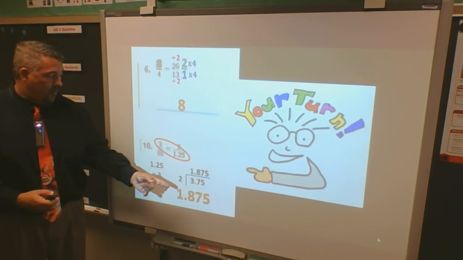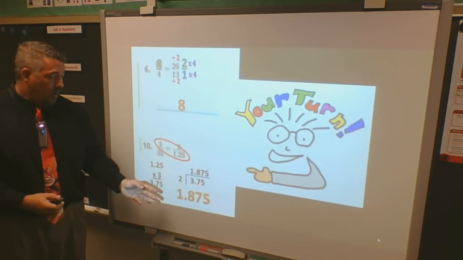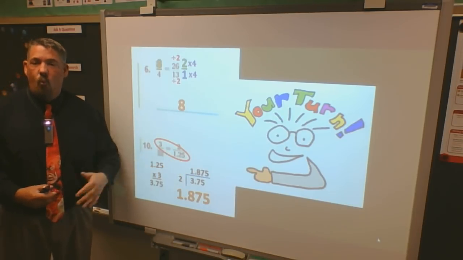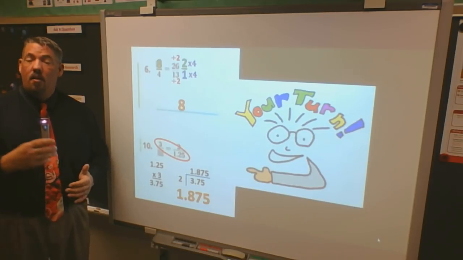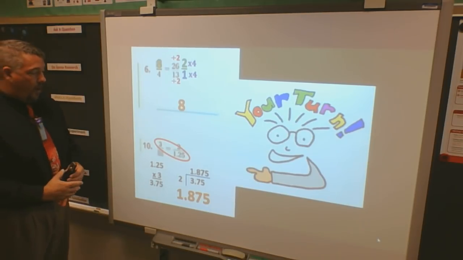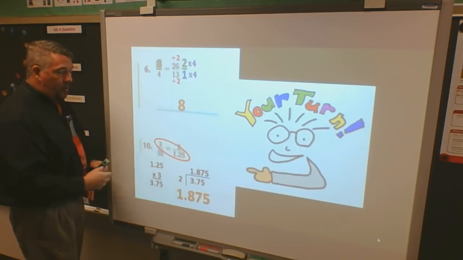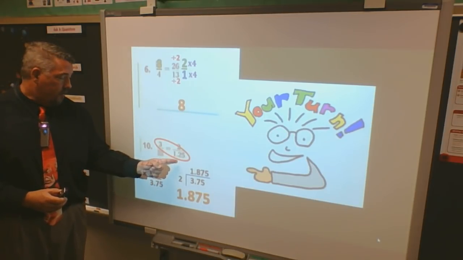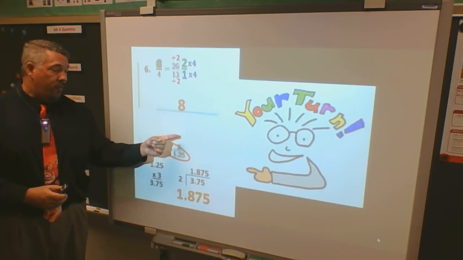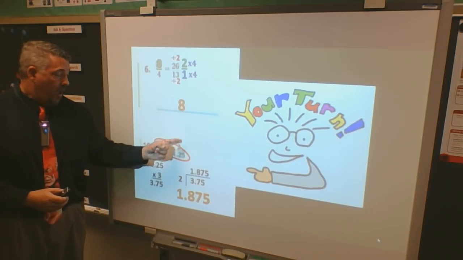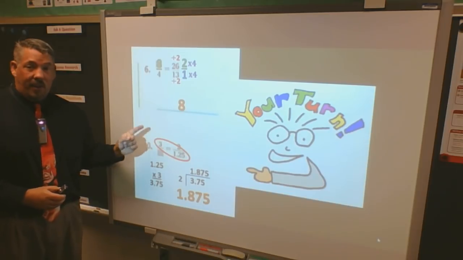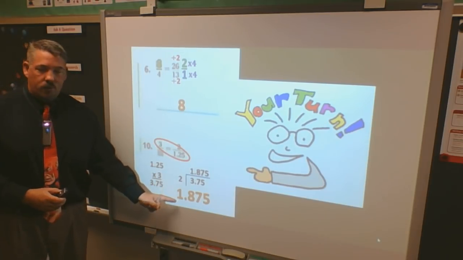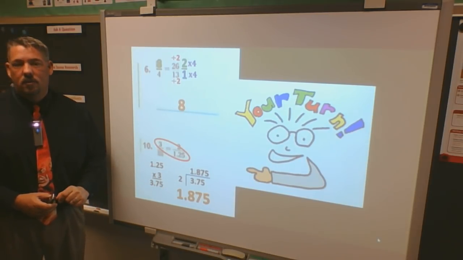So 3 and 75/100ths divided by 2 is 1.875, 1 and 875 thousandths. Now, if I would have tried to come up with a denominator there, I would have had to divide by 1.25 to get my 1, and then multiplied it by 3, and guess what you got? You still got 1 and 875 thousandths.